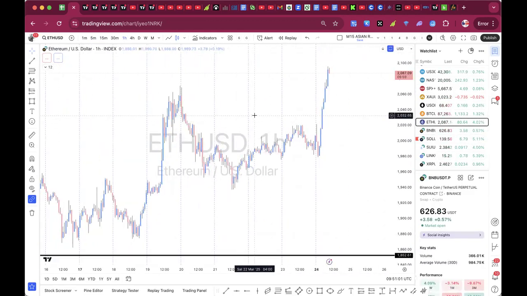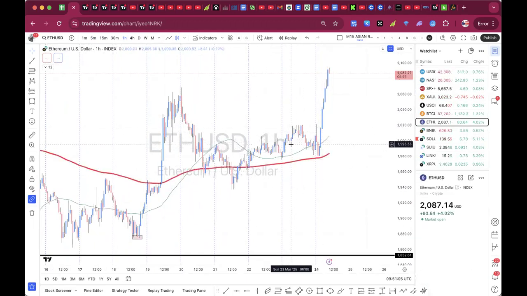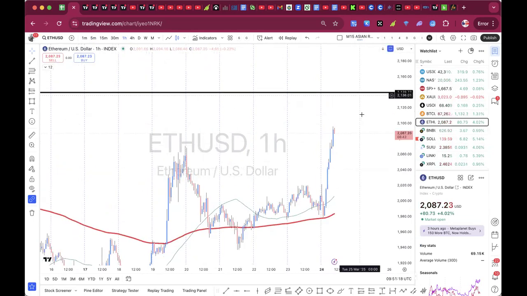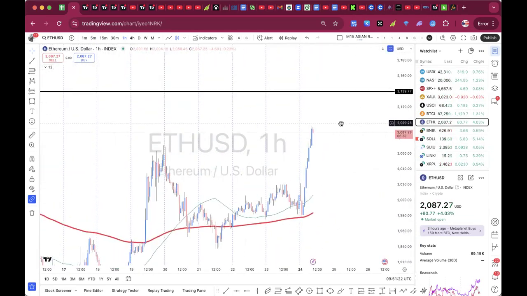Look at what Ethereum has done. Very good, massive pullback. You can see it's not returning to only the 50 moving average, but to the 200 moving average. Then the market continues. Then this is a massive breakout heading to a key level, right? So from key level to key level within this region.